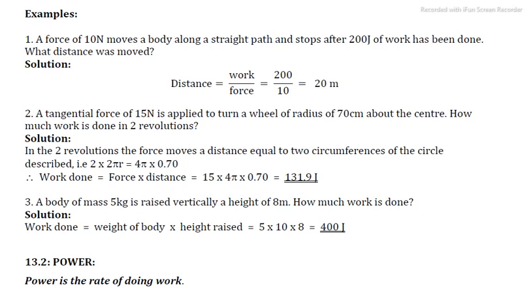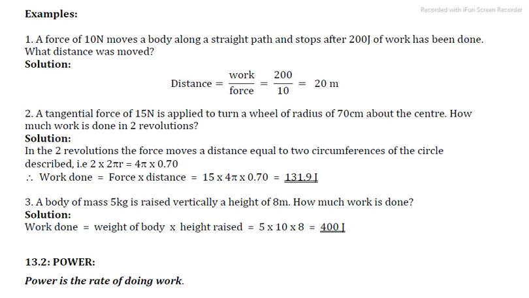So to get the distance, we shall multiply the 2 revolutions by the circumference of the circle, thus giving us 4 pi times the 70 centimeters changed to meters to give us 0.70. That is the distance that was moved, and the force is 15. So we multiply the 15 times the distance to give us the work that was done.